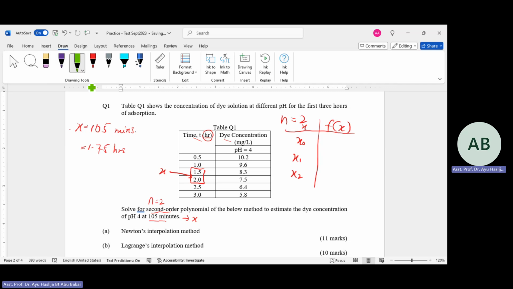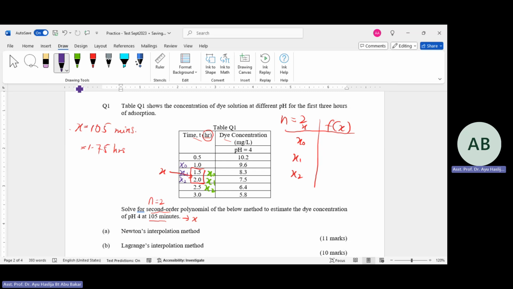Now, x0. If you say x0 is this, so this will be your series of data. Okay, or you can also start from 1. So you will have a few sets of data up to your selection, as long as your x is within the data points.